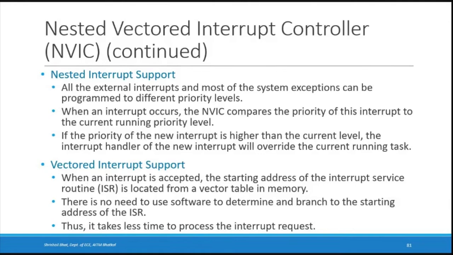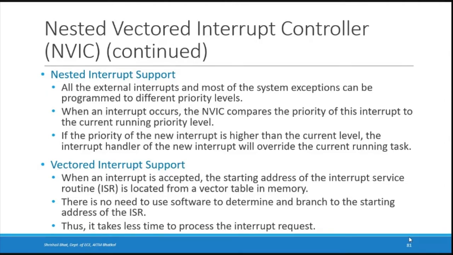Then vectored interrupt support. What do you mean by vectored interrupt? It means each interrupt is predefined, and the starting address of each interrupt service routine is located in a table called a vector table. Whenever an interrupt is accepted, the starting address of the interrupt service routine, that is the ISR, is located from a vector table in the memory.